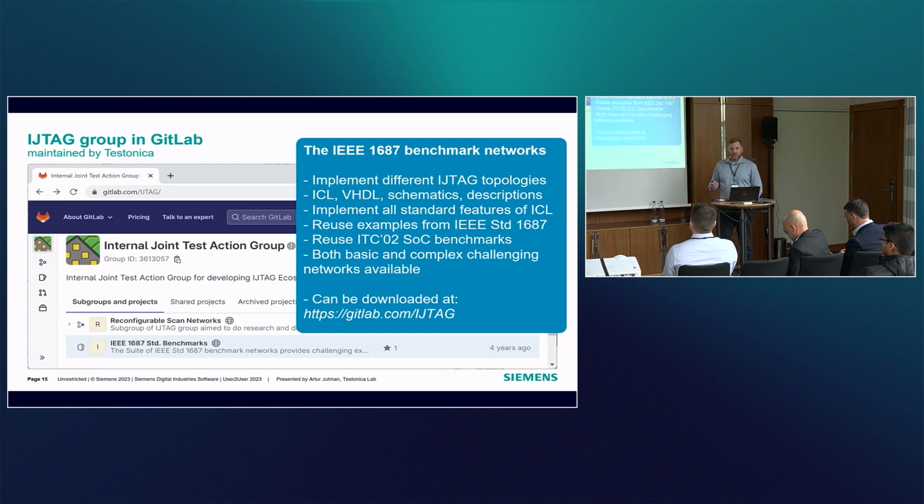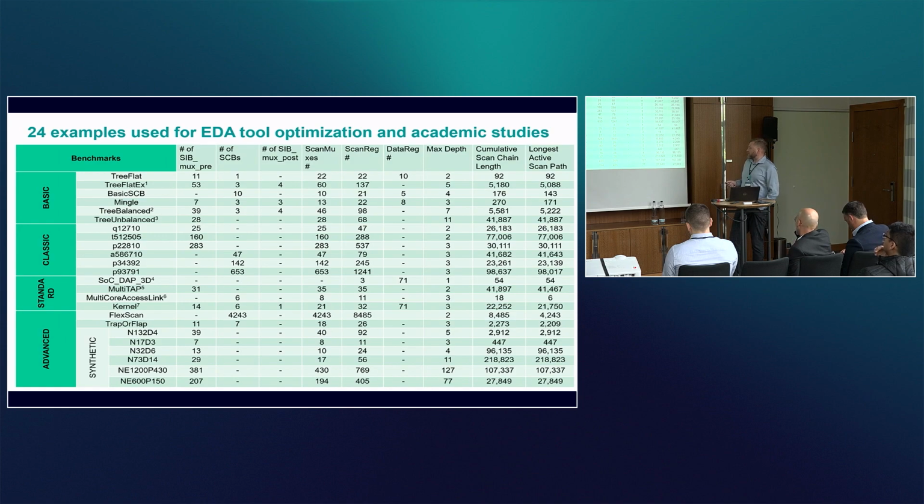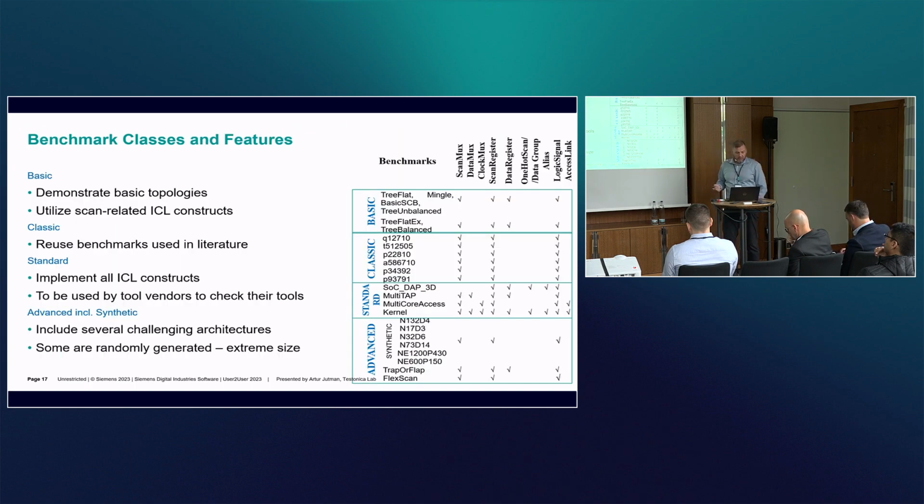Those benchmarks go beyond the capabilities of EDA tools, because, well, there is always a limitation on what you can do and what you cannot do, right? Those benchmarks implement a complete set of all standard features in the 1687 standard. So if you want to validate your tools against the standard, you can look into those benchmarks. There are altogether 24 IJTAG benchmark examples with different properties, and I'm not going to stay longer on this slide.